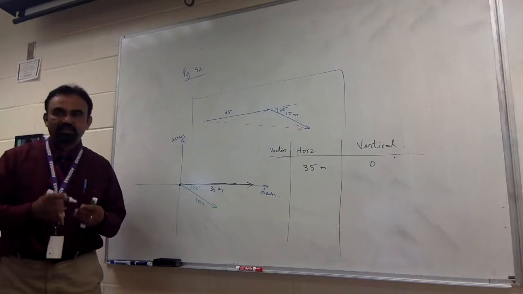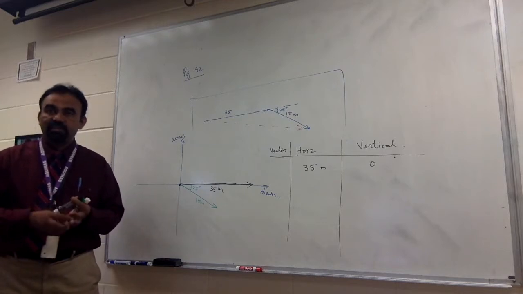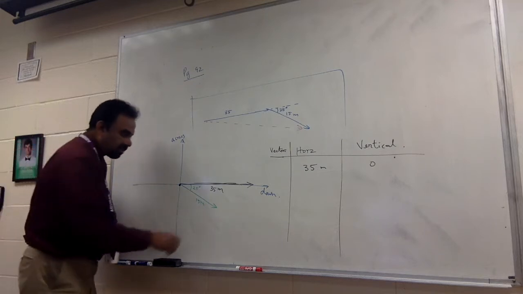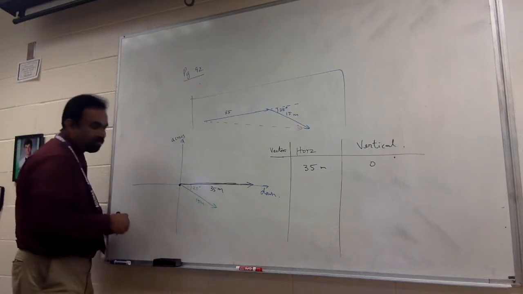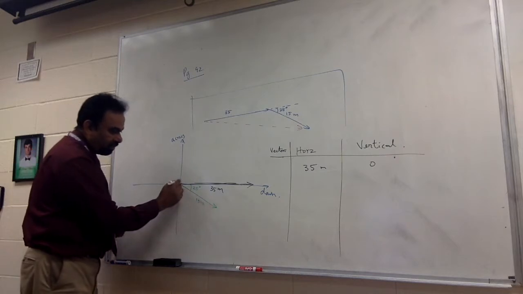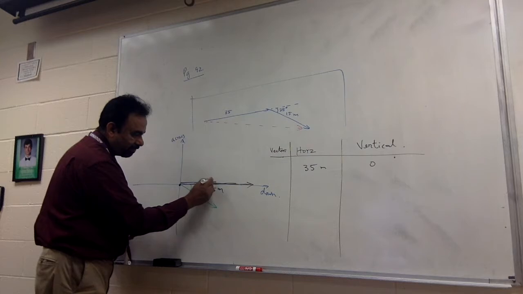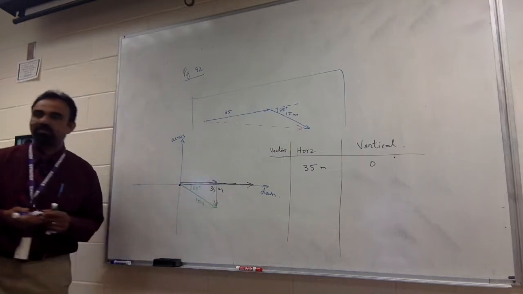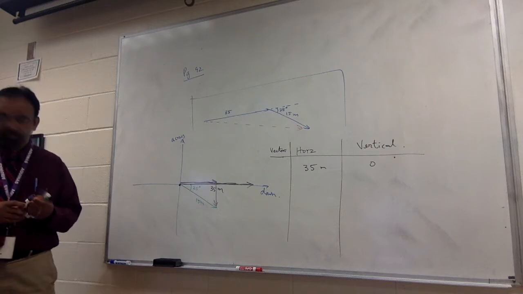Now go to the next vector. The next vector, since it is at an angle, you have to be careful there. This next vector has 2 components. Going from here to here, you need to go this way. That's one component. And then this way, that's the next component. So those are the 2 components.